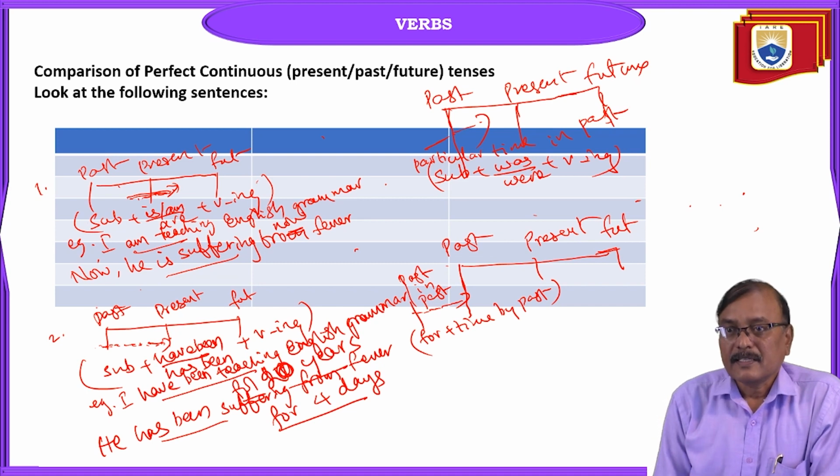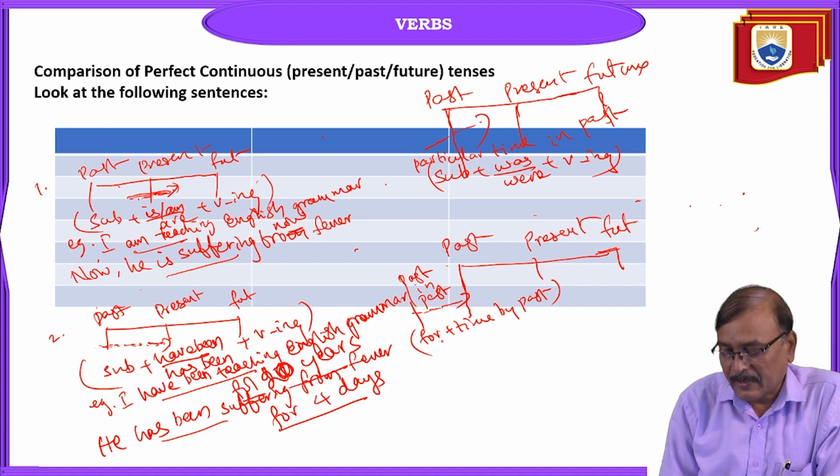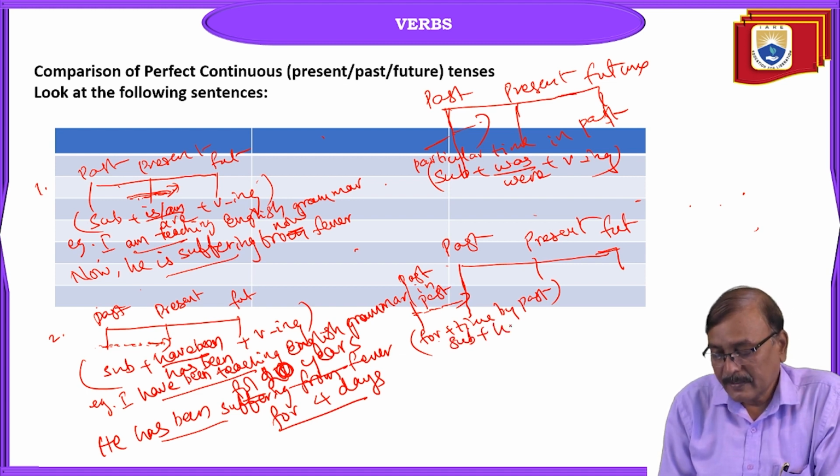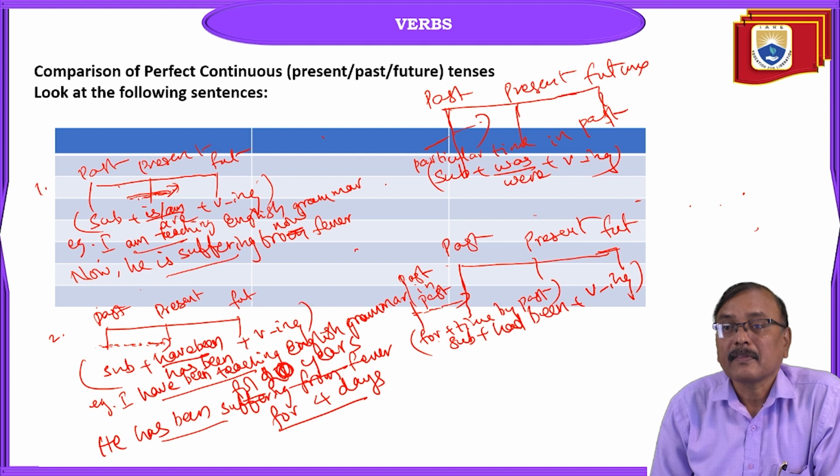So here, see the difference. Here, for plus time by past, it started in the past and continuing up to here. That is subject plus had been plus verb being form.